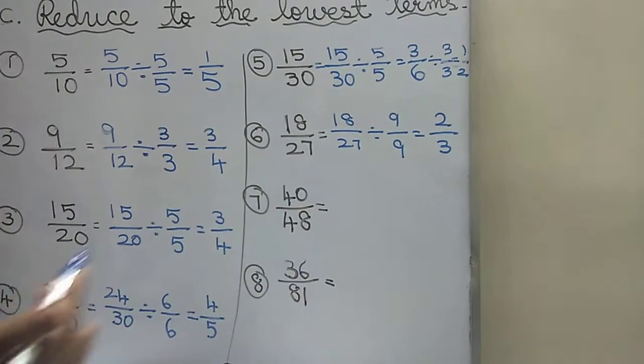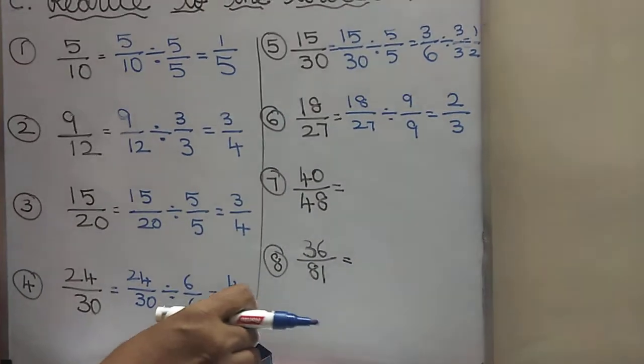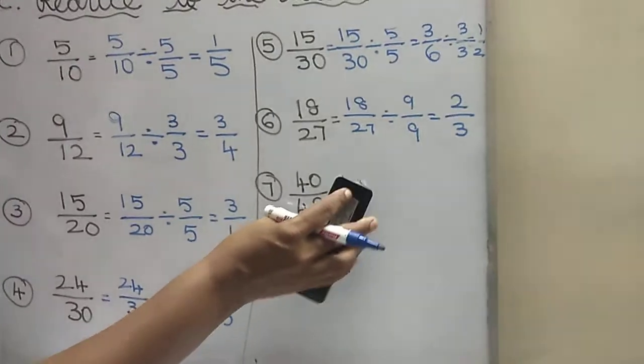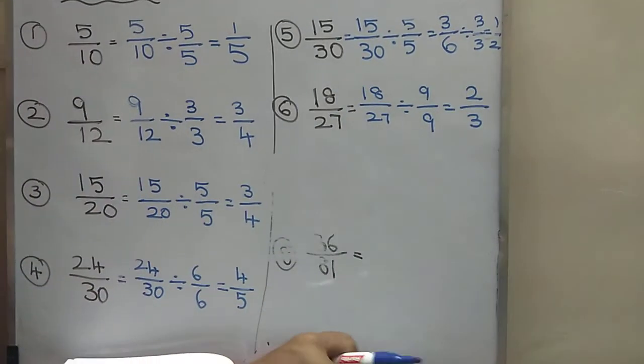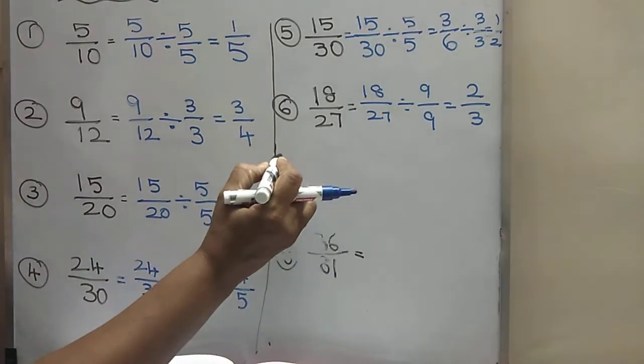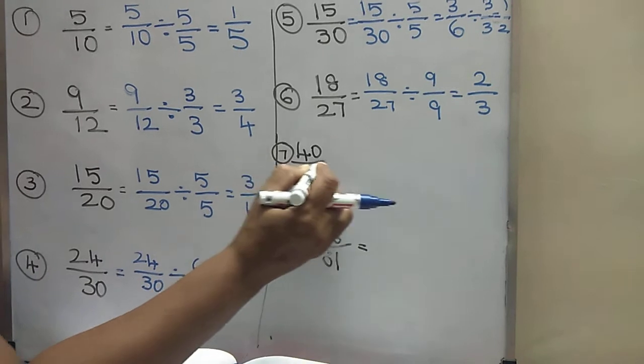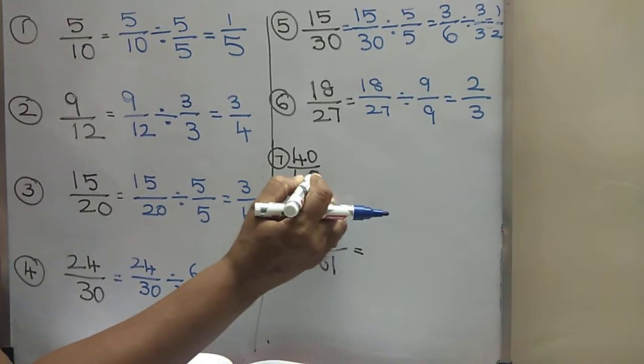Okay, children? Again here 40 by 48. Wait, I'll write in small letters so that it will be easy for me to do. 7th sum, 40 by 48.